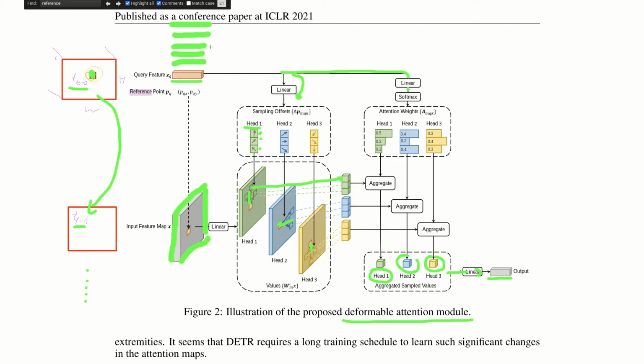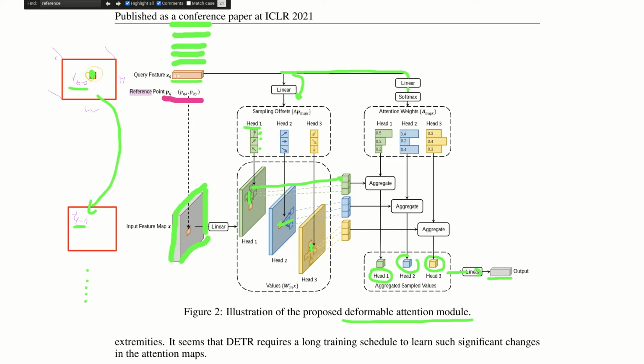Since we have like 100 of these feature queries, there's no reference point from one feature map to another. Therefore, they have to put this query feature, which is not directly drawn here, through a dense layer to regress a reference point.